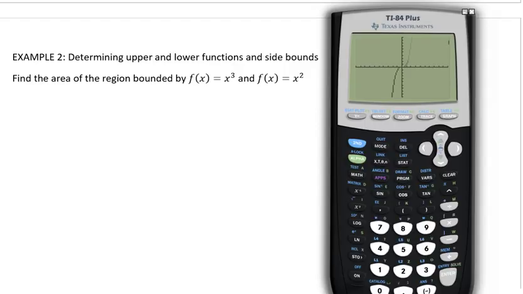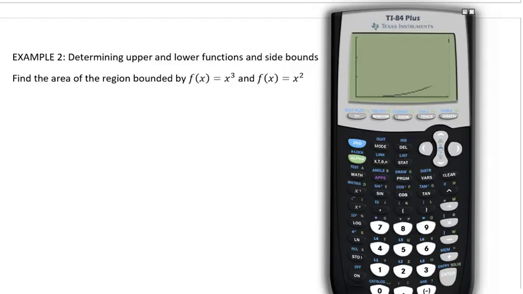And I can see there's something going on in the middle here, but I need to zoom in on that. So zoom in. And there is a little space in there, so I'm going to know they intersect at 0 and 1. I'm going to go from 0 to 1, and from 0 to 3. There's the first one, and there it is.